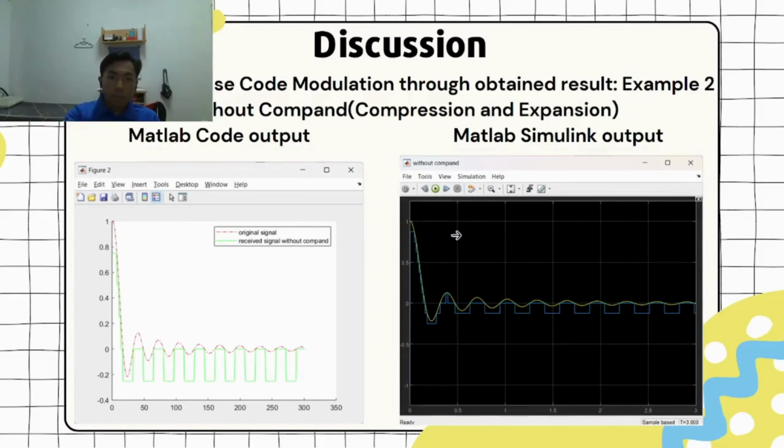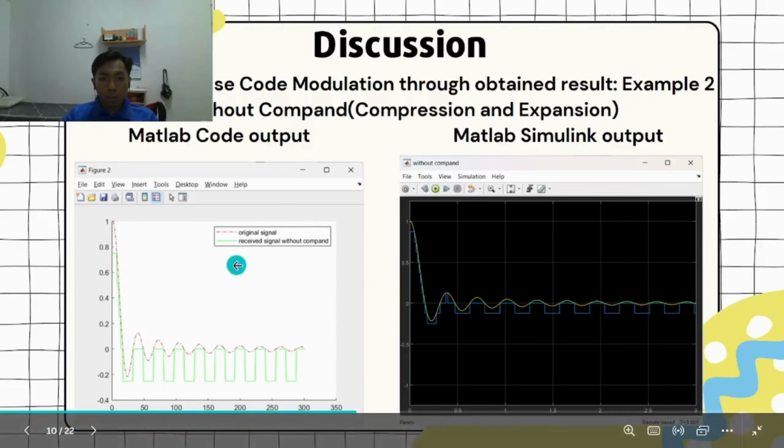You can see that the values are pretty much the same whether we use the code or the MATLAB simulation. However, with pulse code modulation without using the compander, you can see that the received signal is much more inaccurate. It's not very accurate to the original signal. The value is very simple and not very close to the original signal.